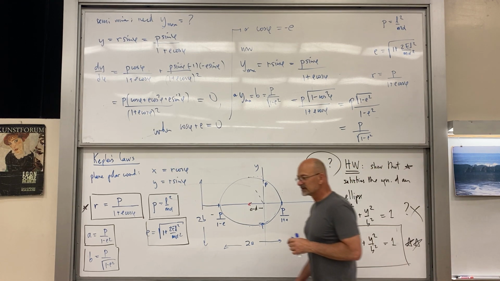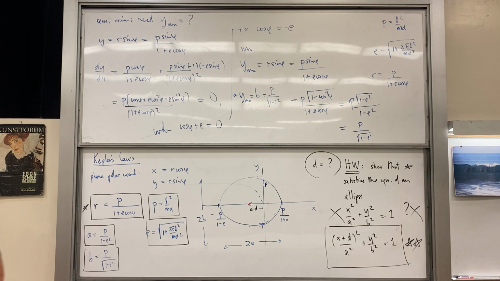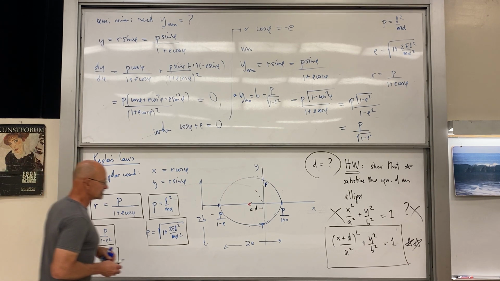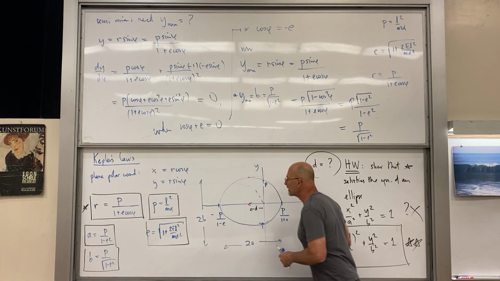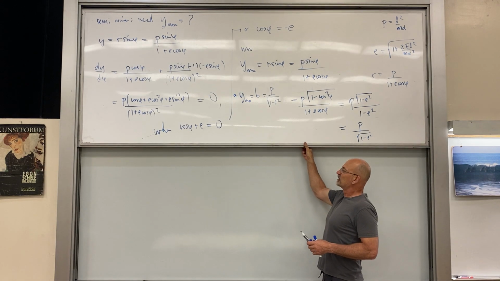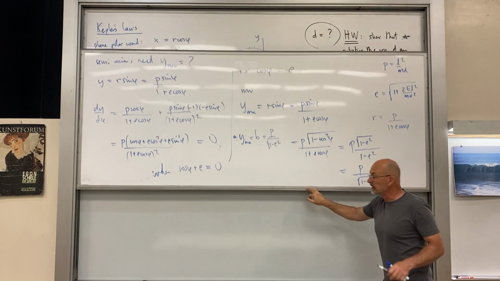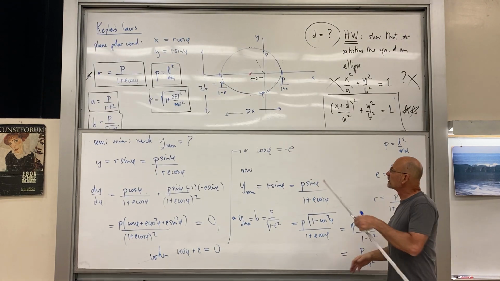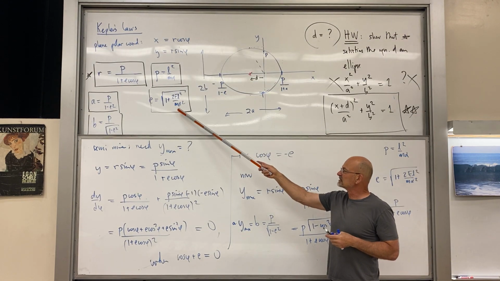Good. I'm going to consult the clock once more here. I'm going to go through with Kepler's second and third laws, and then we actually have to return to this and analyze a bit what it means.